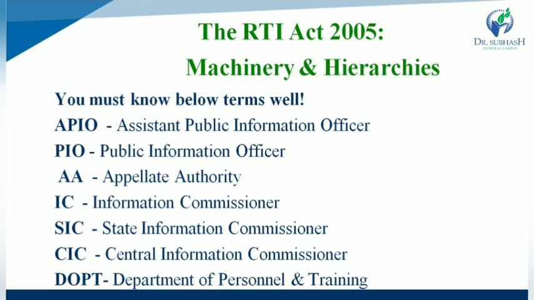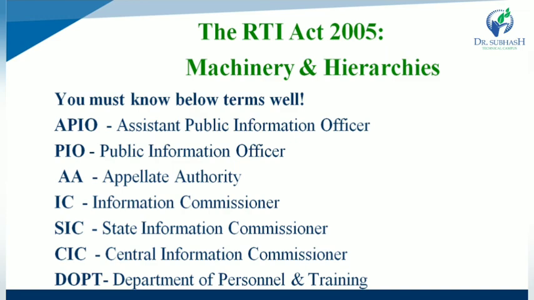AA stands for Appellate Authority, IC stands for Information Commissioner, SIC stands for State Information Commissioner, CIC stands for Central Information Commissioner. Last, DOPT stands for Department of Personnel and Training.